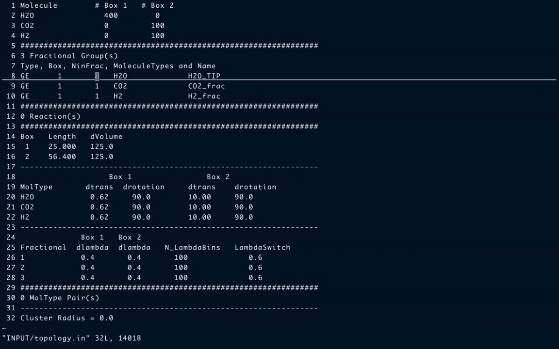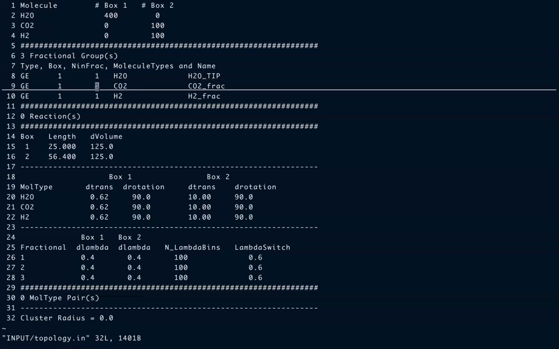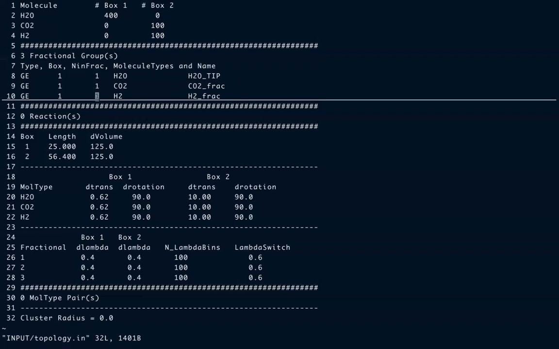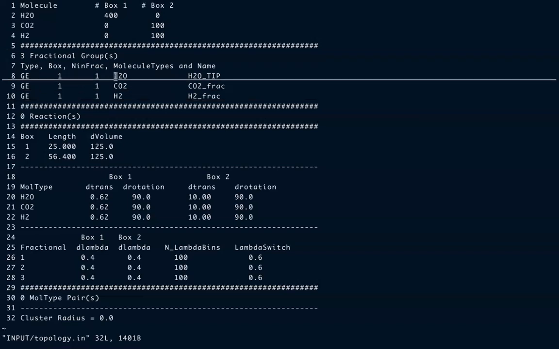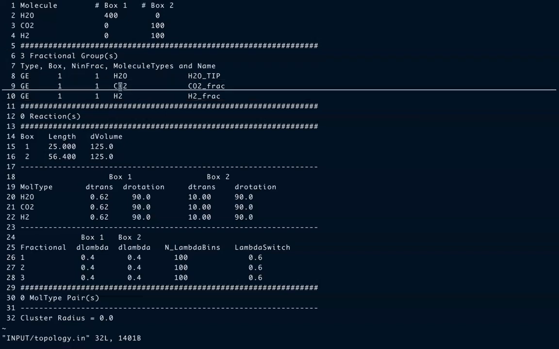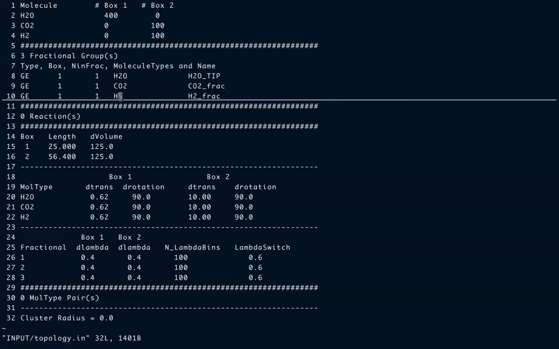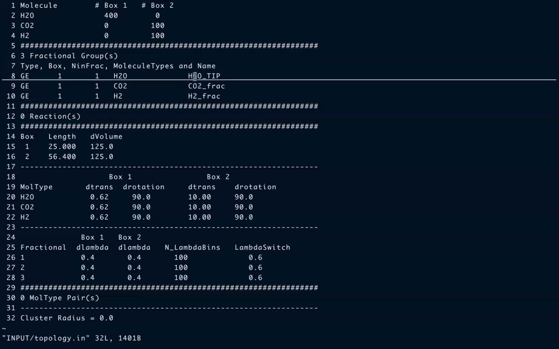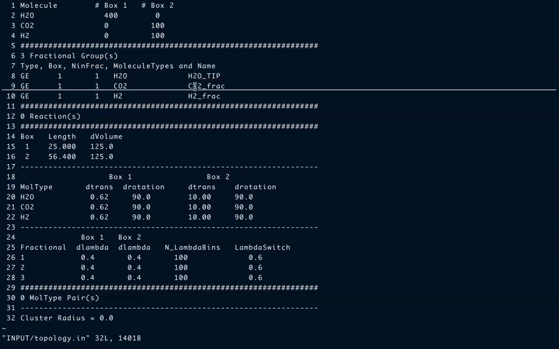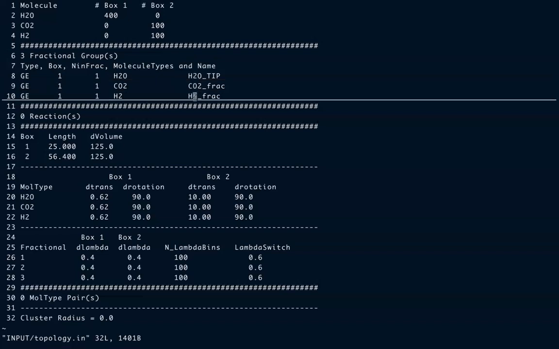You can also choose how many molecules are present in a fractional group, and we say that a fractional group, in this case, should only contain a single molecule. In the first fractional group, I have one H2O molecule. In the second, a CO2 molecule. And in the third, an H2 molecule. I call them H2O tip, CO2 frac, and H2 frac.